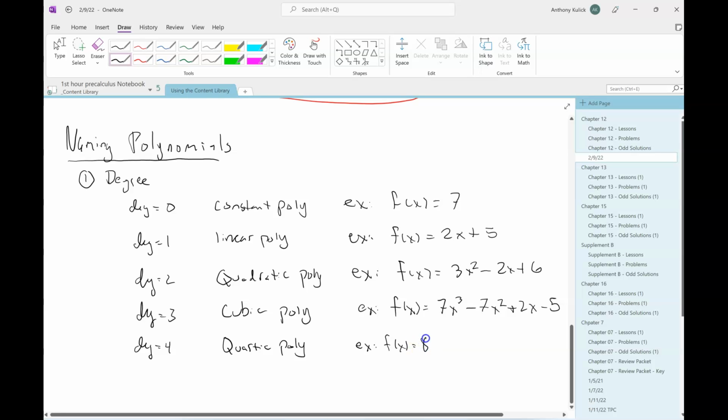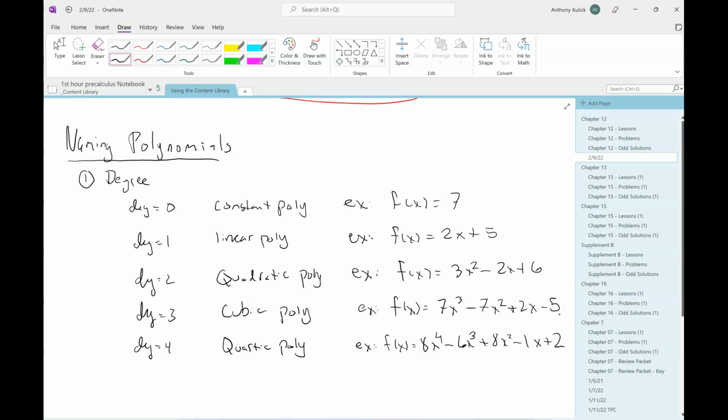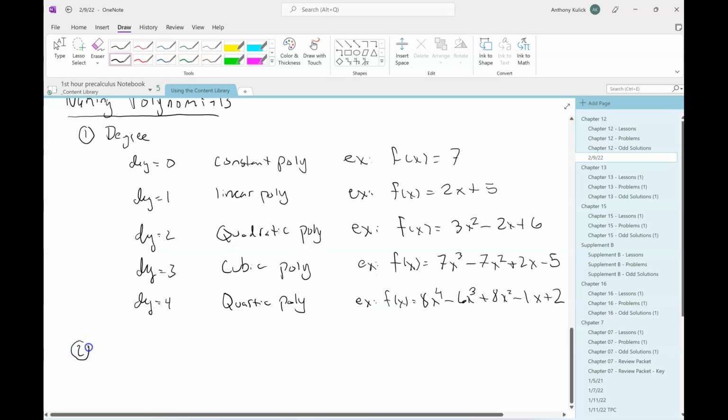I think at this point you get the idea of where we're going. So constant, linear, quadratic, cubic, quartic. The other way we can name a polynomial is by the number of terms.